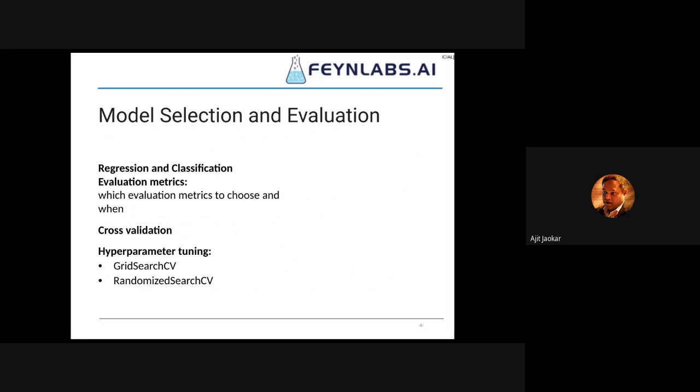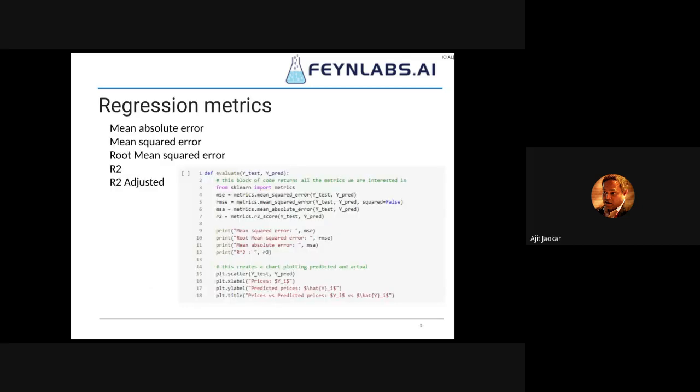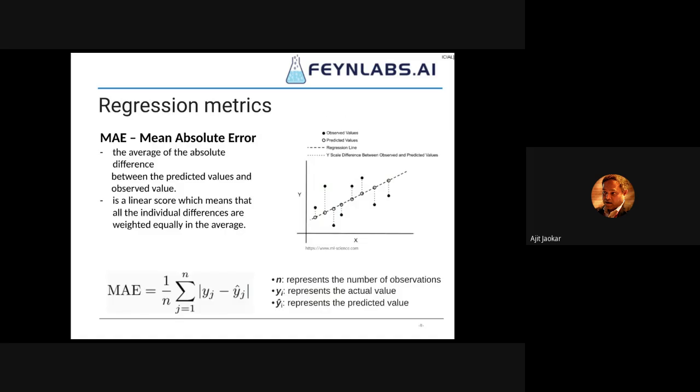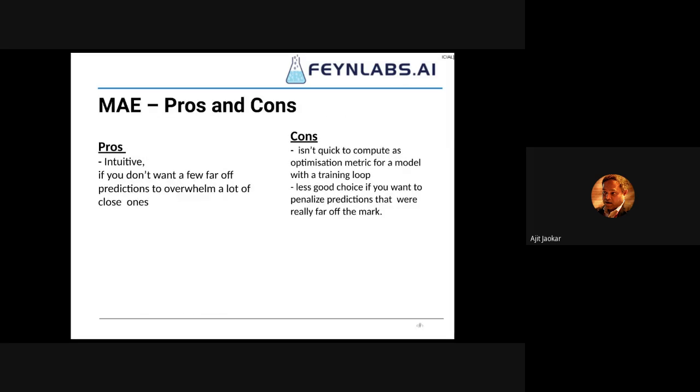Hyperparameters are parameters not connected to the data but set overall. For example, the number of layers in a neural network is a hyperparameter. There are certain ways to find these hyperparameters, and then there is the listing of the regression metrics.